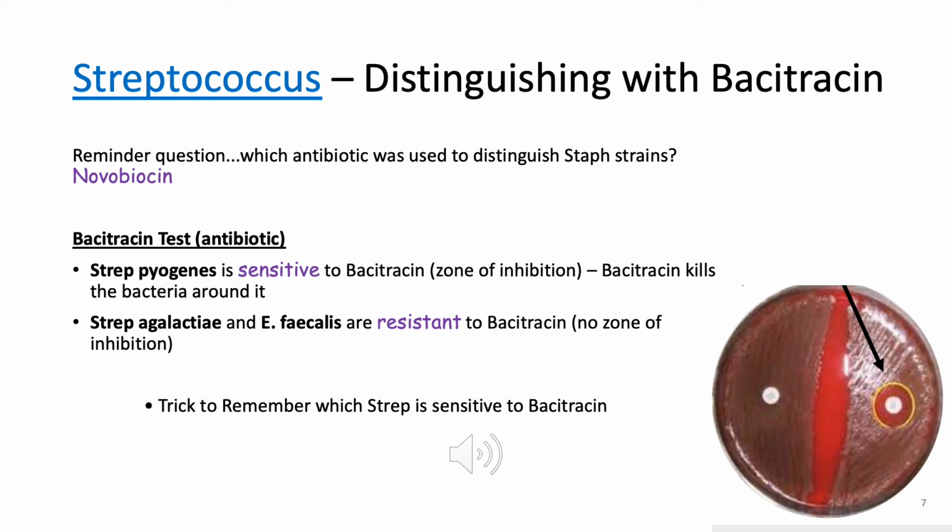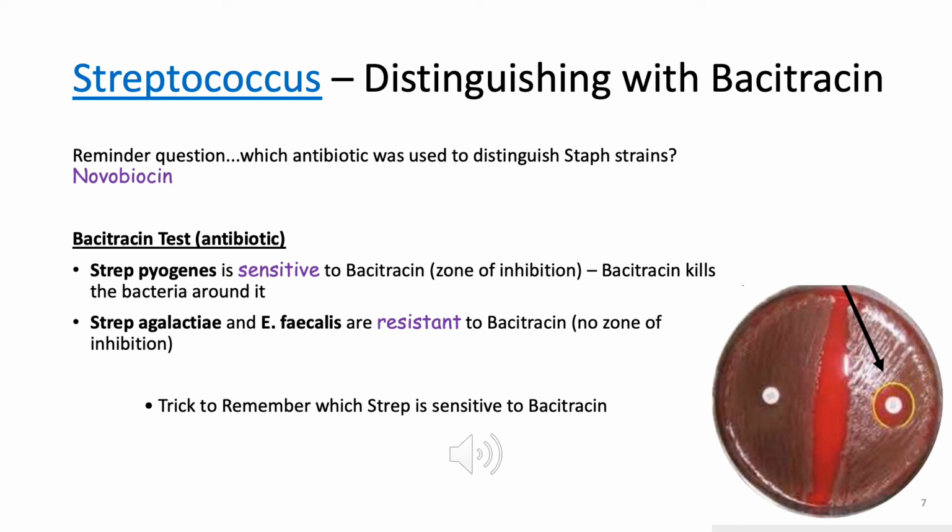So Strep pyogenes is sensitive to bacitracin. So you'll see that zone of inhibition because bacitracin kills the bacteria around it. Strep agalactiae and E. faecalis are resistant to bacitracin. So you'll see no zone of inhibition. It's able to grow right up to the antibiotic disc.